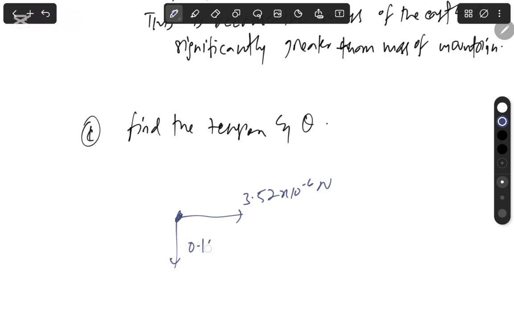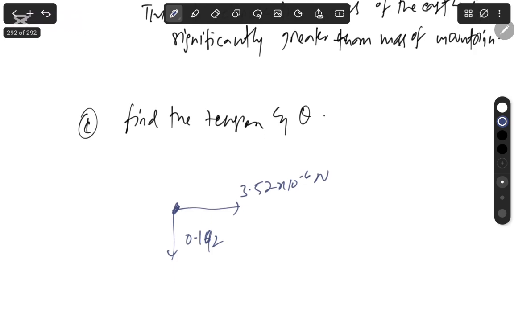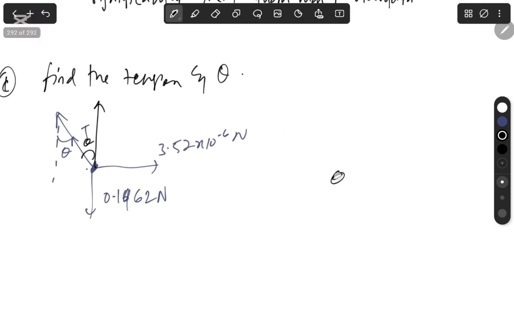This force is 0.1962 newtons. Tension T, and then we have this angle as theta. Right off the bat, I can say that this angle is also theta, the alternate angles, and I can resolve the two components. So this is going to be T cos theta, and it's going to be T sin theta.